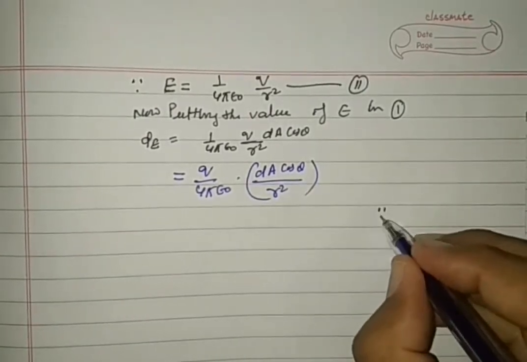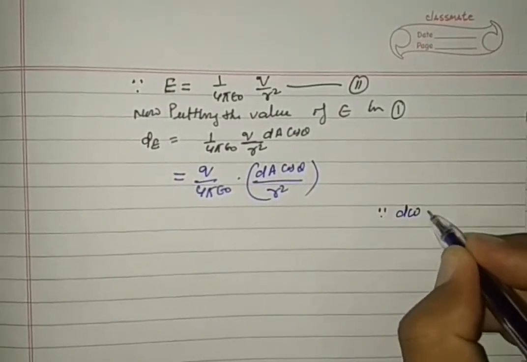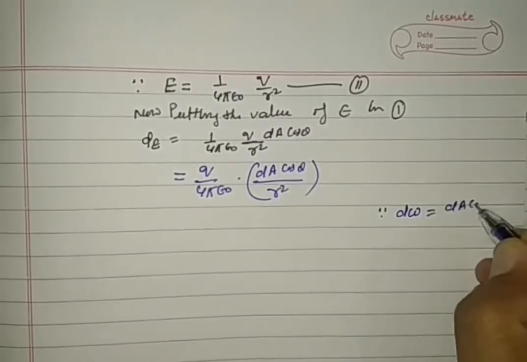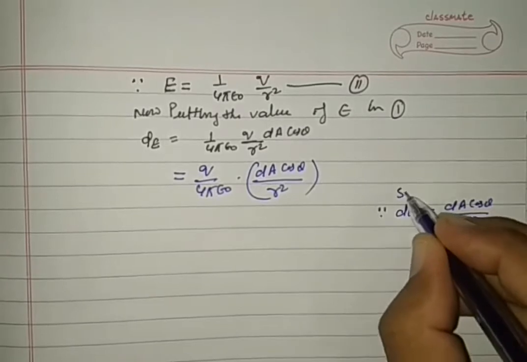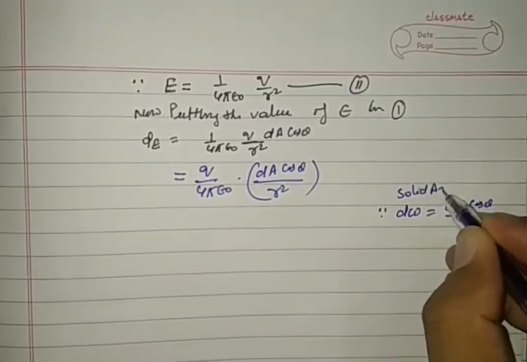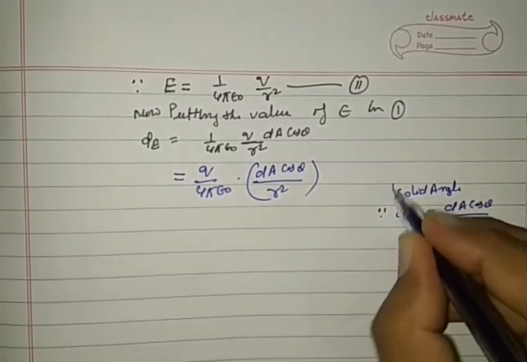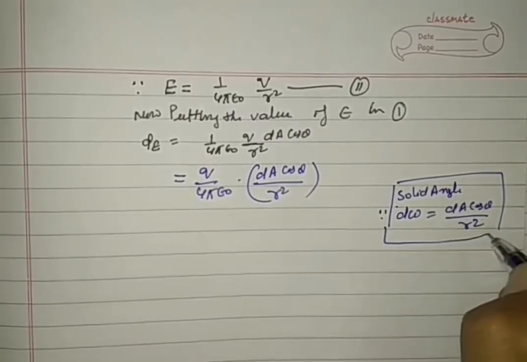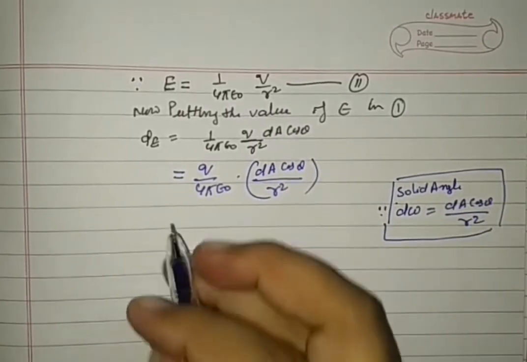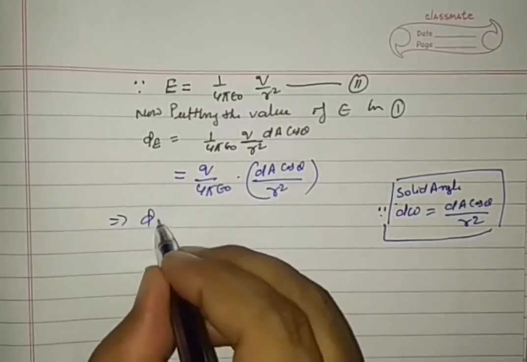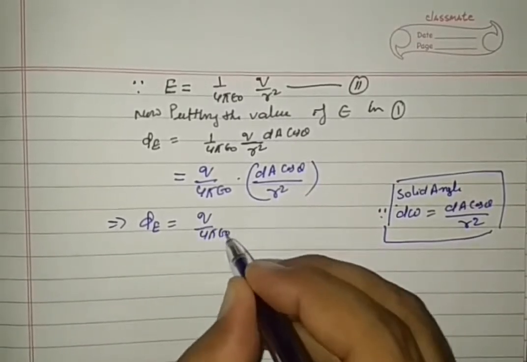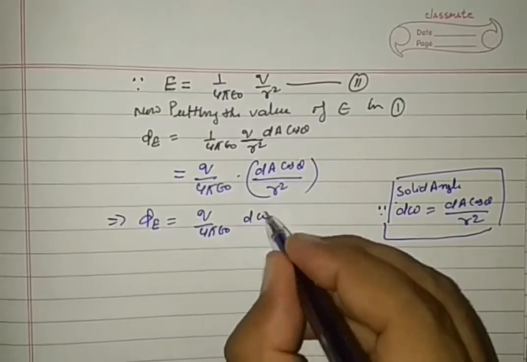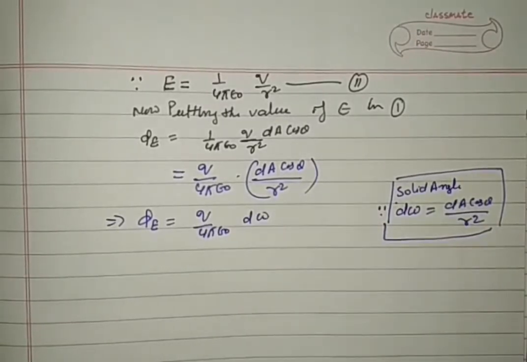We know that solid angle is equal to dA cos theta by R square. This is the solid angle, right? Then this implies that electric flux phi is equal to Q upon 4 pi epsilon 0 d omega, right?